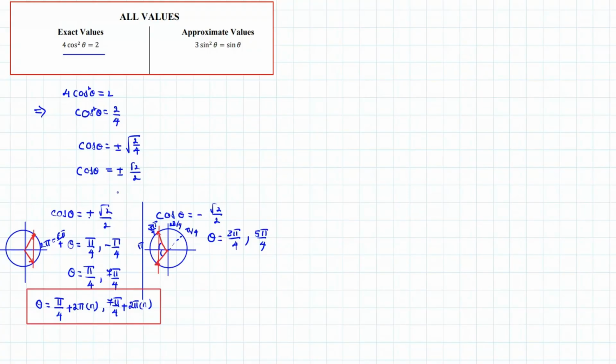Okay, now let's approximate the values of this equation. 3 sine square theta equal to sine theta. So to isolate sine theta, we have to subtract sine theta on each side.